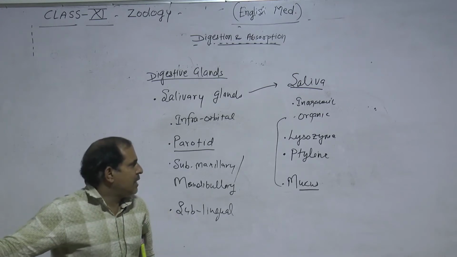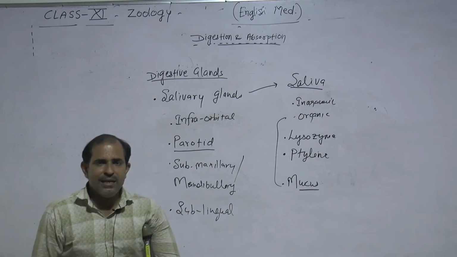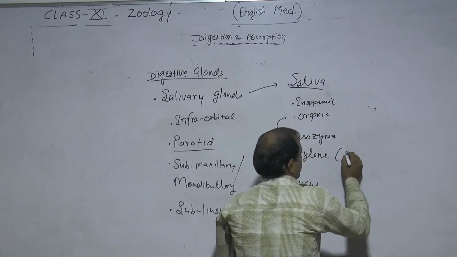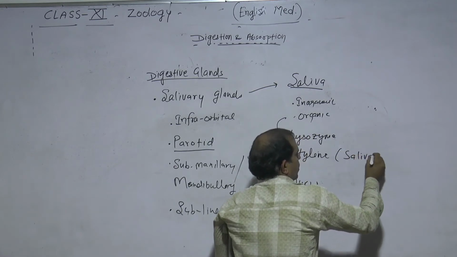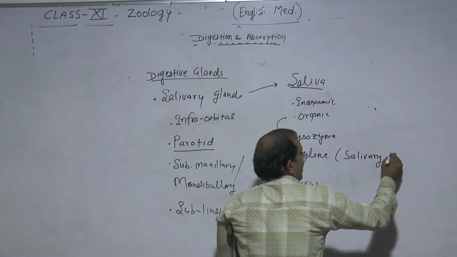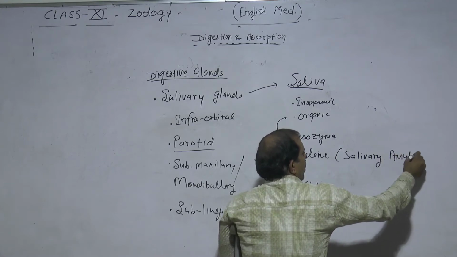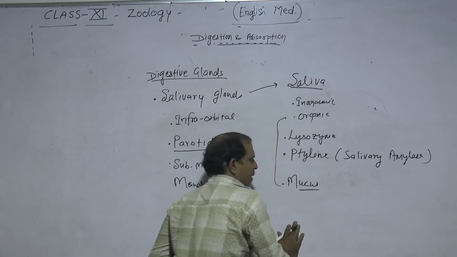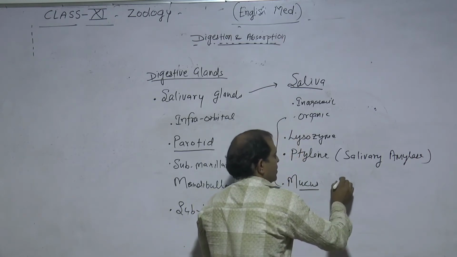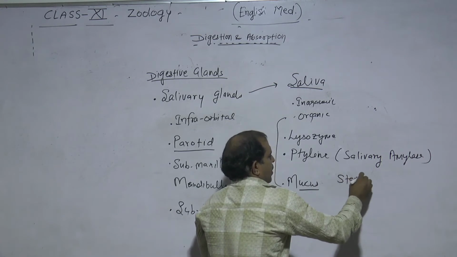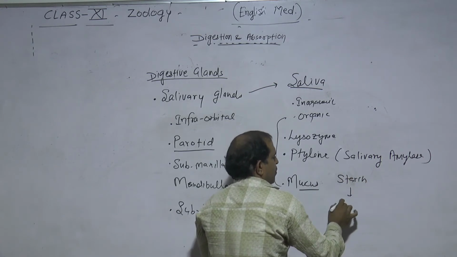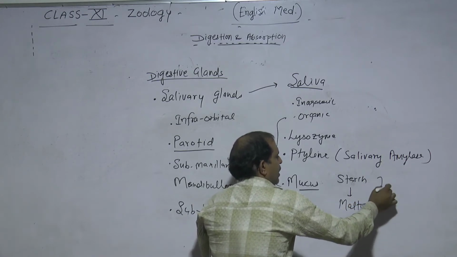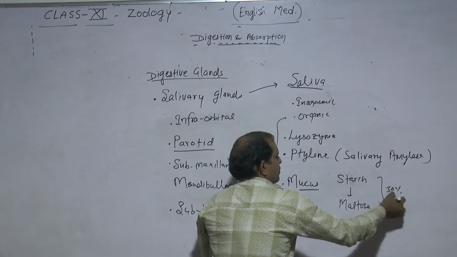And the second enzyme is ptyalin. Ptyalin is also called salivary amylase. This salivary amylase digests cooked starch into maltose, but only 30% of it.